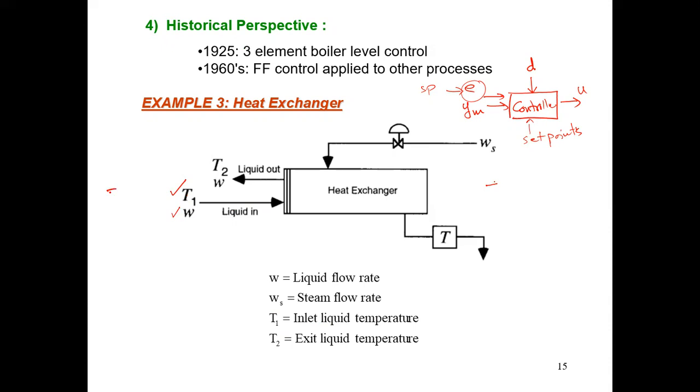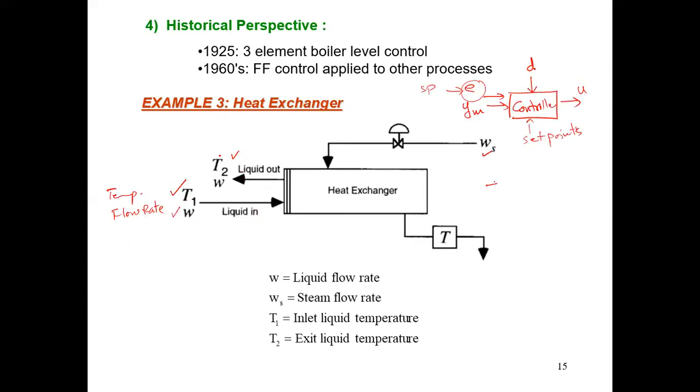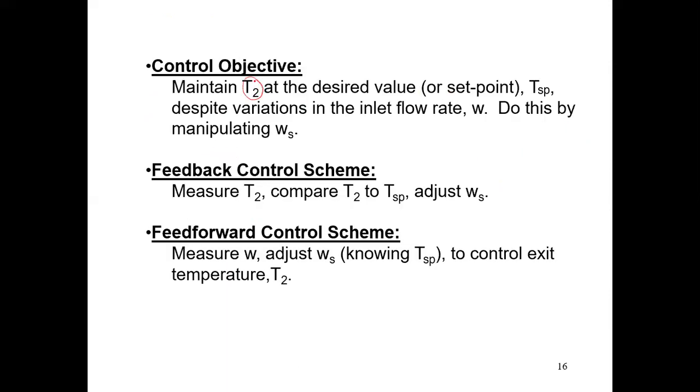So we have a temperature, we have a flow rate of this one. What next? We have WS. WS is the steam flow rate, and we have an exit liquid temperature here, and W is the liquid flow rate for that one. इसका control objective क्या है? We have to maintain the exit temperature T2 at the desired value or the set point.